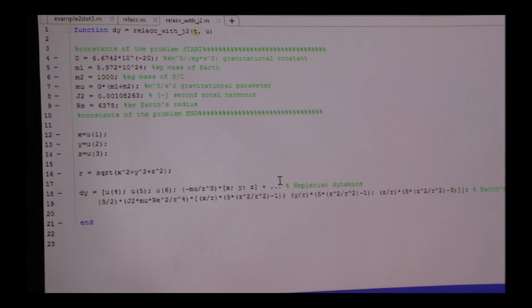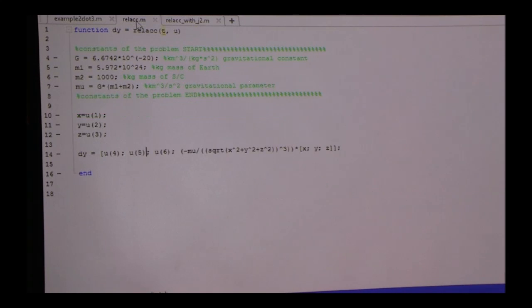But you can still simulate this stuff, and then we'll give the theory behind it. It's a good exercise. J2 takes into account the fact that this planet is not a sphere. So this first function models exactly the dynamics that we derived last time: perfect sphere, uniform mass distribution, nothing else. J2 is a more refined model for the gravitational attraction.